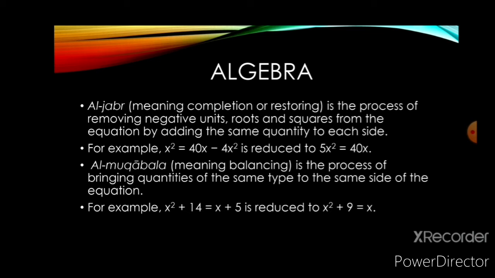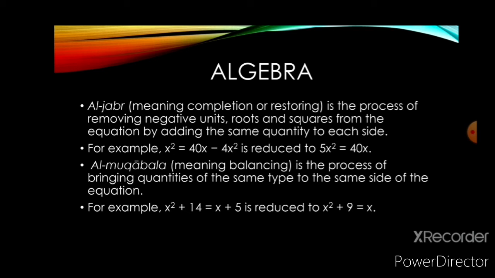For example, x square equals 40x minus 4x square. In this, minus 4x square is a negative unit. So, we will add 4x square to both sides. So, it will be reduced to 5x square equals 40x.